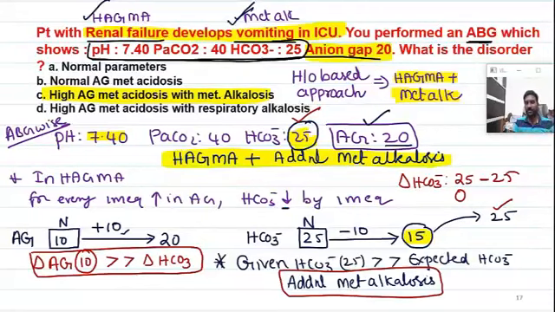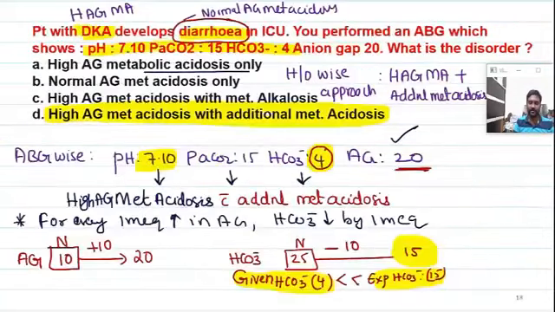Whenever anion gap increases, bicarbonate should fall down. But bicarbonate is not falling down. It means there is some other disorder adding bicarbonate to the body, because of which bicarbonate is not falling down. So it can be an additional metabolic alkalosis.